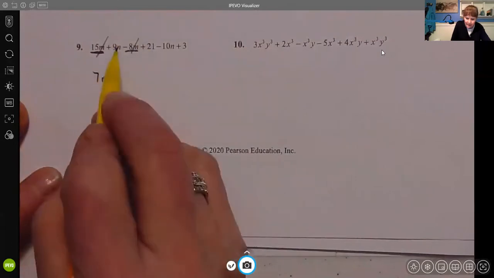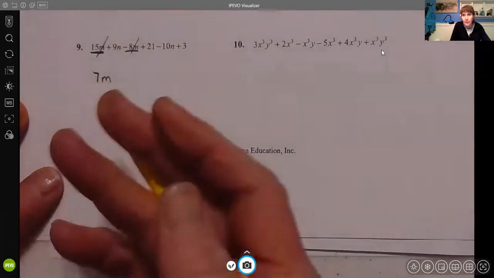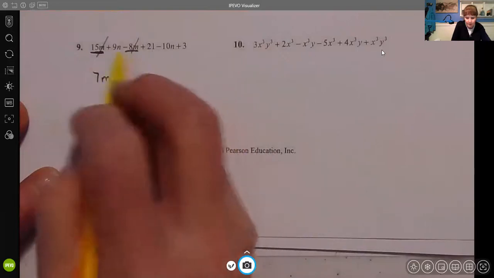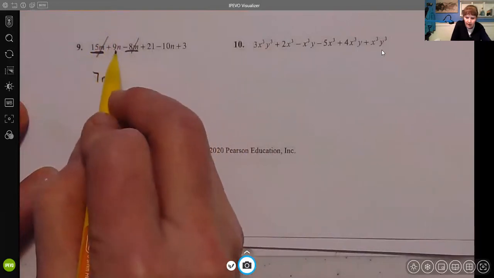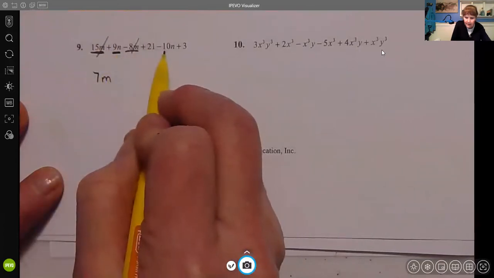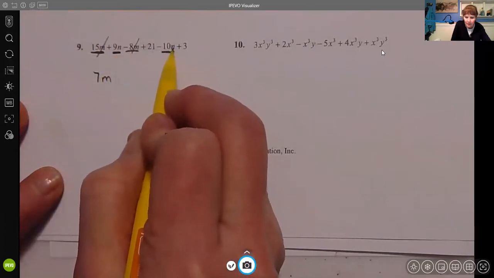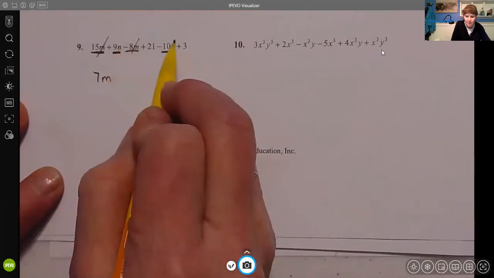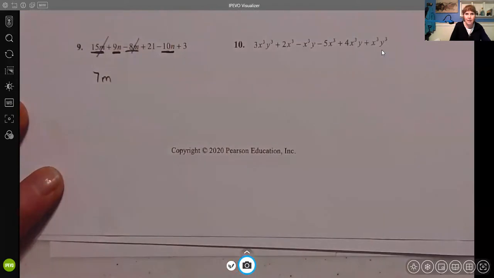Next, I have N. And usually I go in alphabetical order, but you don't have to, and I'll talk about that here in a second. So here I've got a 9N and a -10N. They both have an N to the first, because the exponents also have to match.